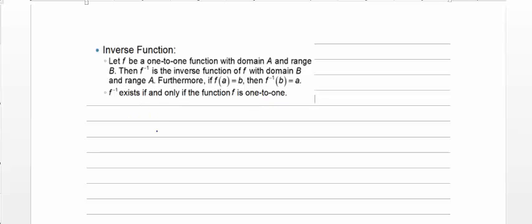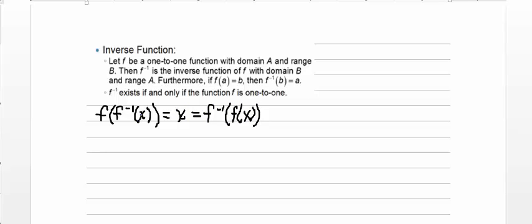So the inverse can exist if f isn't one-to-one, but it won't be a function. So this property of being one-to-one is important when we talk about inverses. Notice that f of f inverse of x will be x, and f inverse of f of x will also be x. This is a requirement if a function is indeed a one-to-one function.